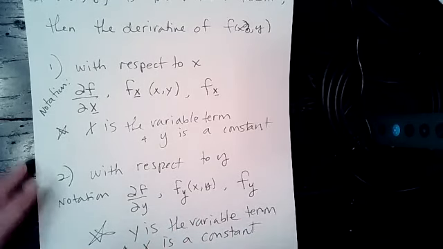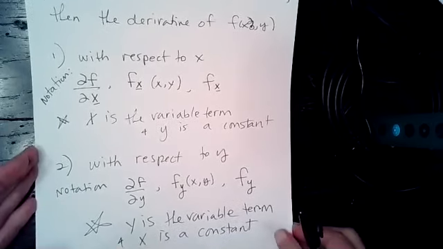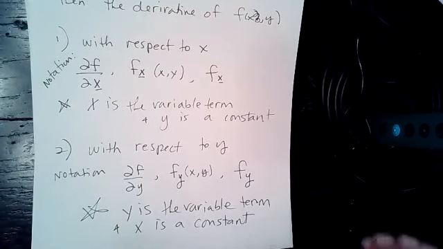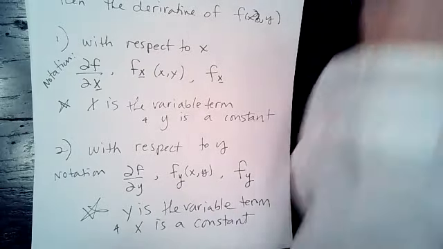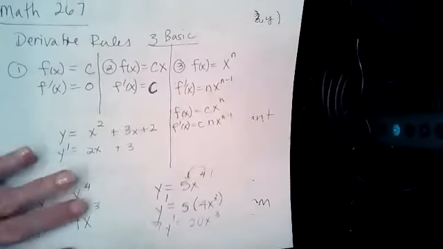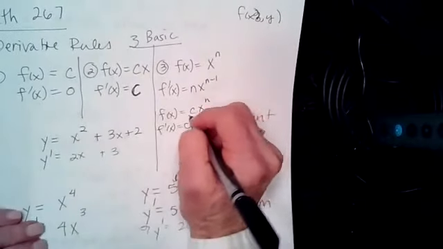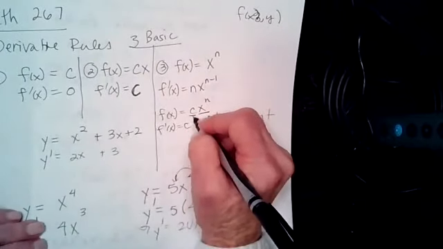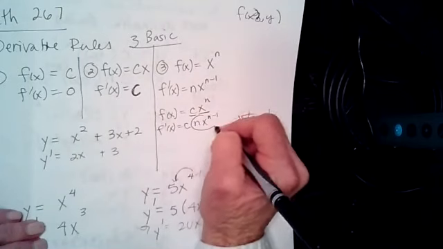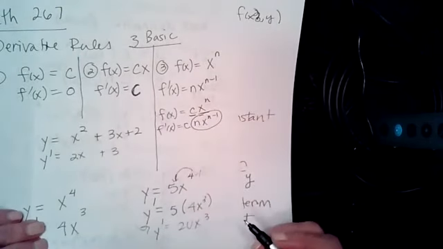Okay, so we're going to use a whole lot that constant times a function rule that I was talking about. If I have a constant times a function, I'm going to bring the constant along and take the derivative of the variable term.